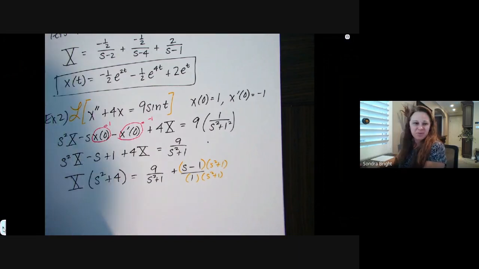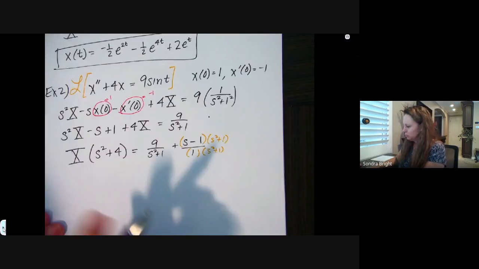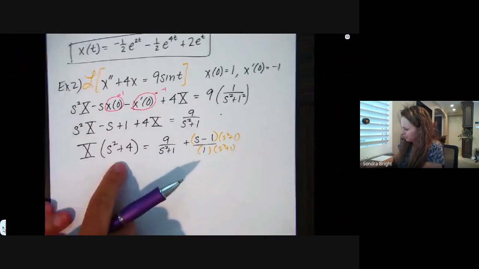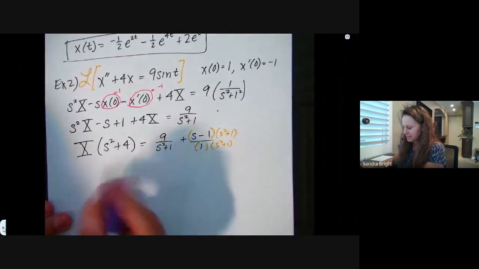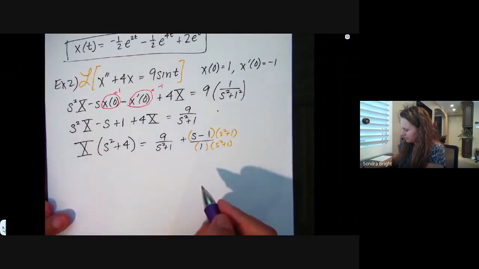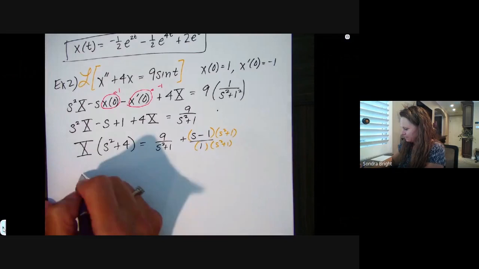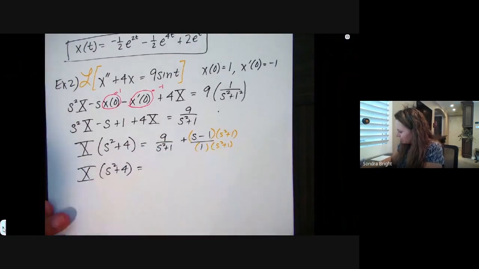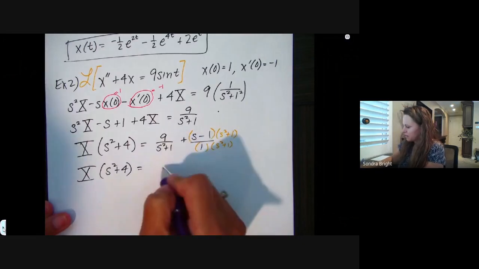S squared plus 4 does not factor. Ooh, okay, so, all right, we got this though. It'll be okay. It's just going to be crazy, but whatever. Okay, so I'll now have an s squared plus 1 as my common denominator.